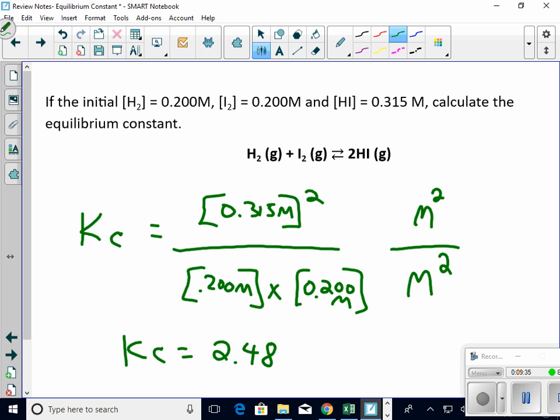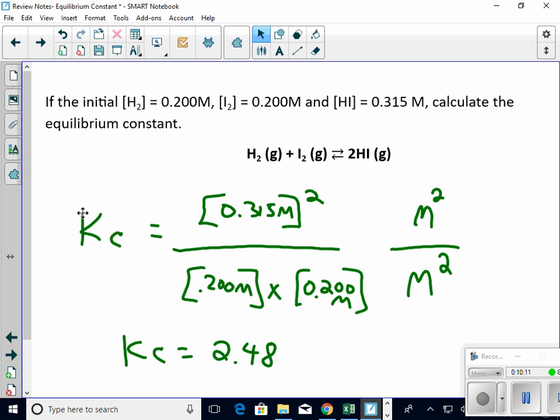So for this particular one, it wouldn't have a label. Now, this is getting into the different coefficients. I'm not so concerned about you knowing the labels with these because it could change. So I can't say your equilibrium constant is never going to have a label, because that's not a true statement. But I don't want you right now to get caught up in what the label of the equilibrium constant is.